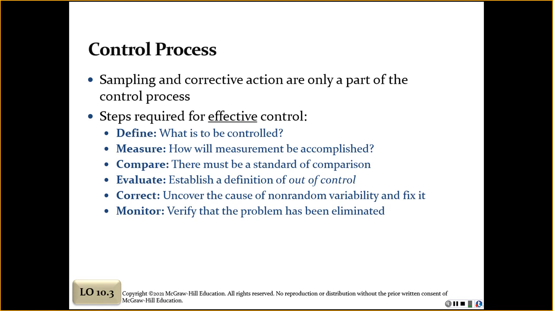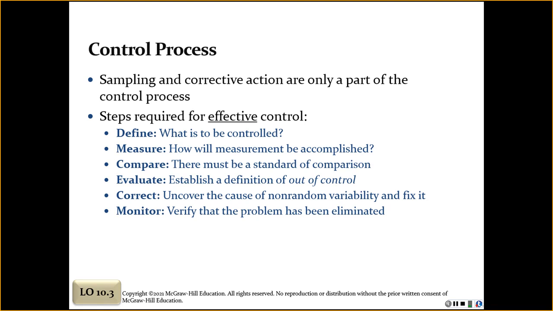Next step is to establish a definition of what's out of control. Every process that's functioning as it should shouldn't yield output that conforms exactly to a standard. So even if it's performing as it should, it might not be exactly on that standard, even though it's functioning like it should.